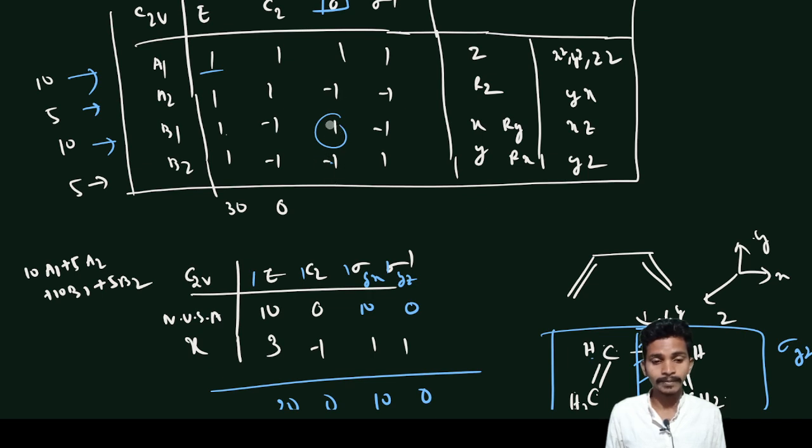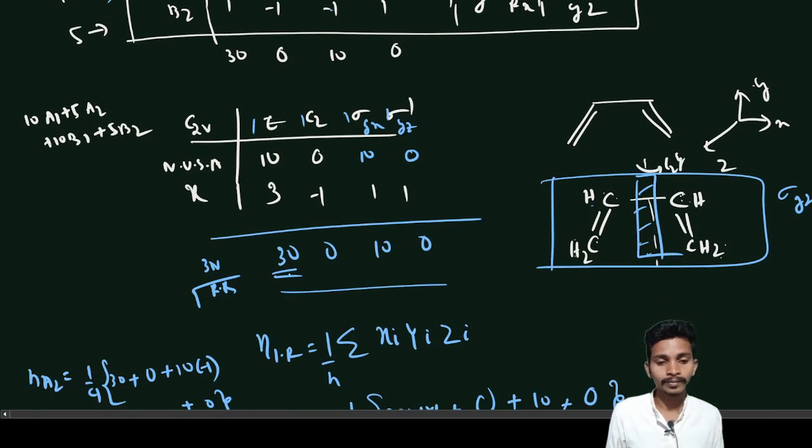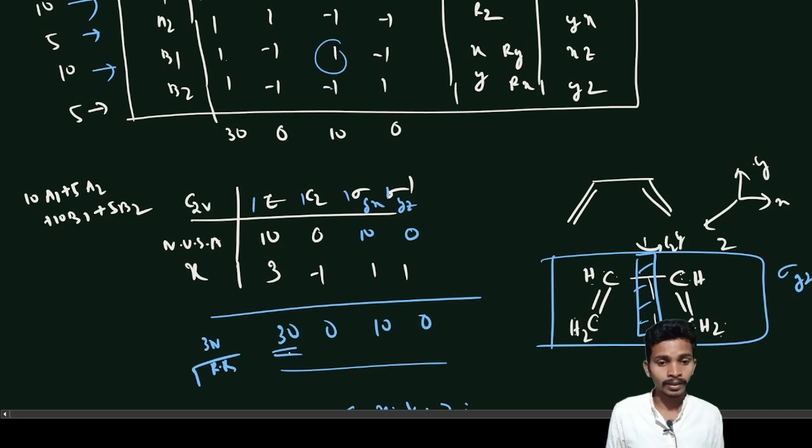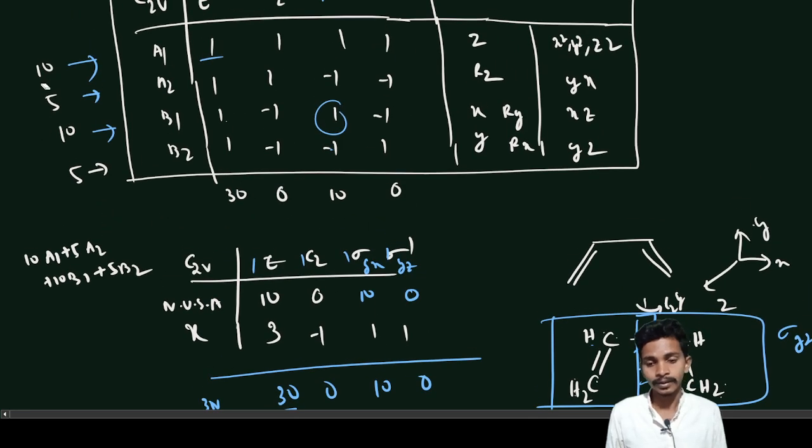Here 10 -5, again 5, 5, 5, 10. So again this is right. This is 10, this is -5, 10 -5, that is 5. Here -10 and 5, that is -5, whole equal to 0. Okay, so our calculation is right.